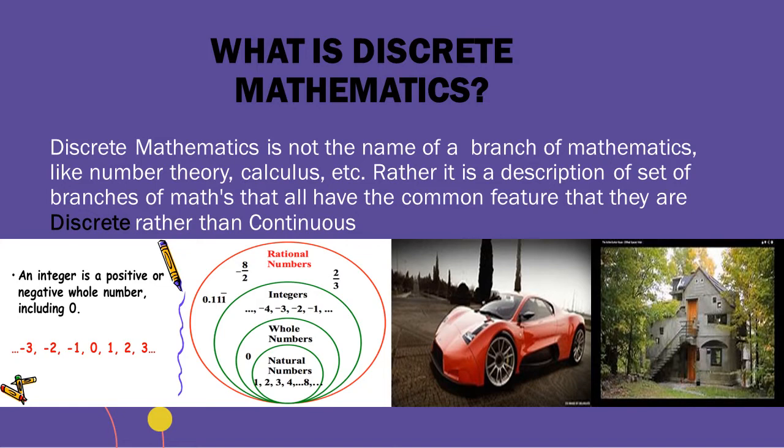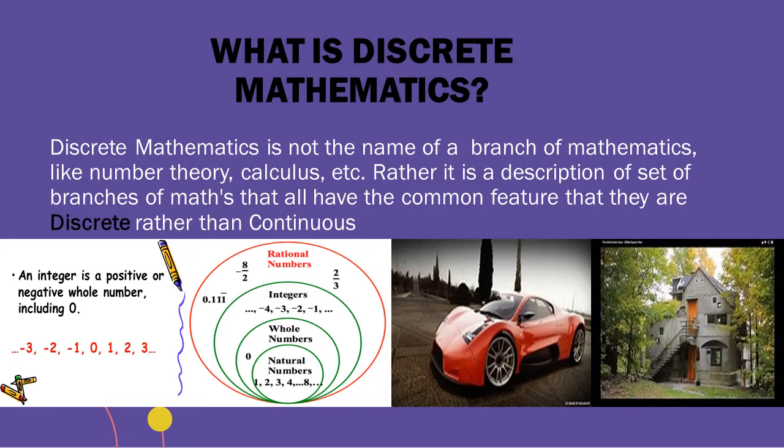Now I'm going to explain what discrete mathematics is and why it is not a branch of mathematics. Earlier I told you a set is a collection of well-defined objects. In discrete mathematics, as I said, things are separated, not repeated.